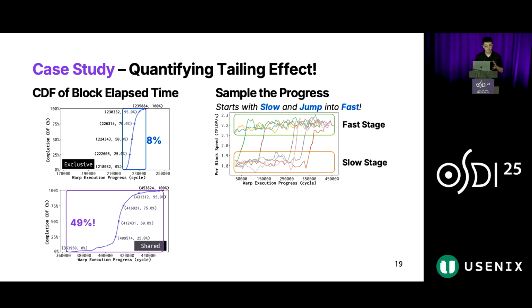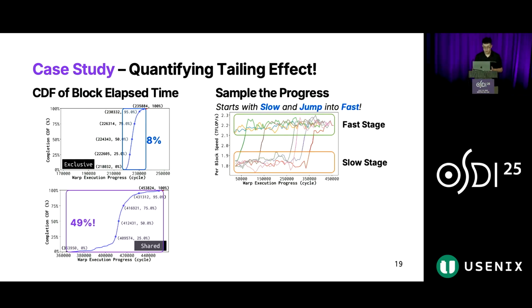We can sample the progress within the execution of the block and find that each block starts with a slow stage and jumps into a fast stage at some point. And it is the existence and the duration of the slow stage that leads to the tailing effect.